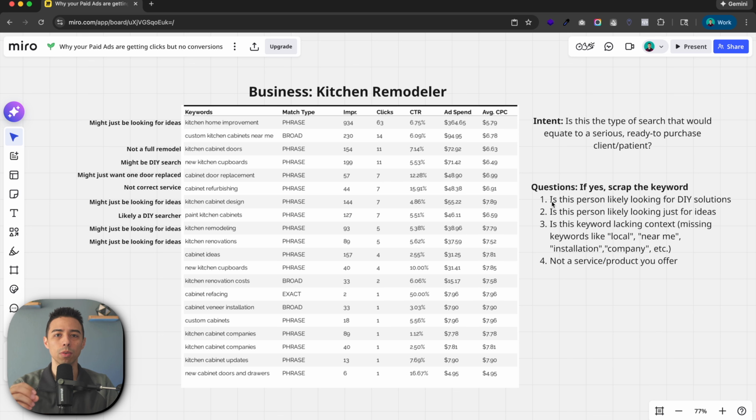So it's important that whenever you're setting up an account, you want to have keywords that have a high intent to get customers for you and your business. And so I put down just a couple examples of questions that you want to ask whenever you are adding keywords to your account. If the answer is yes to any of these questions, then you probably don't want to have those added as keywords in your account.